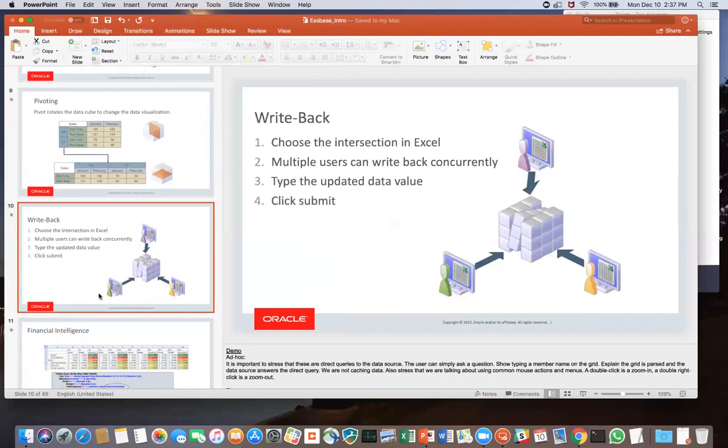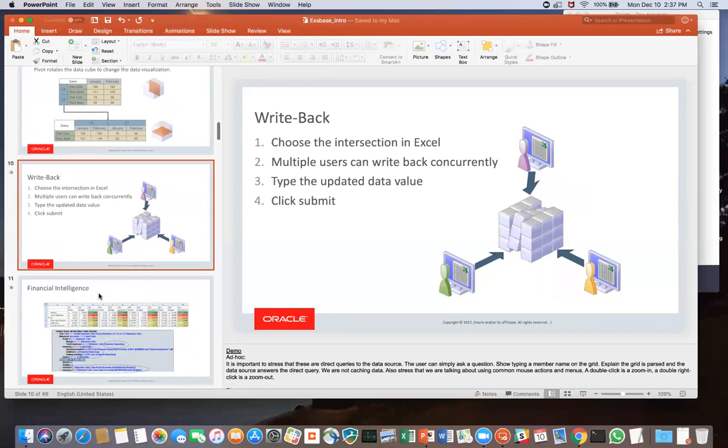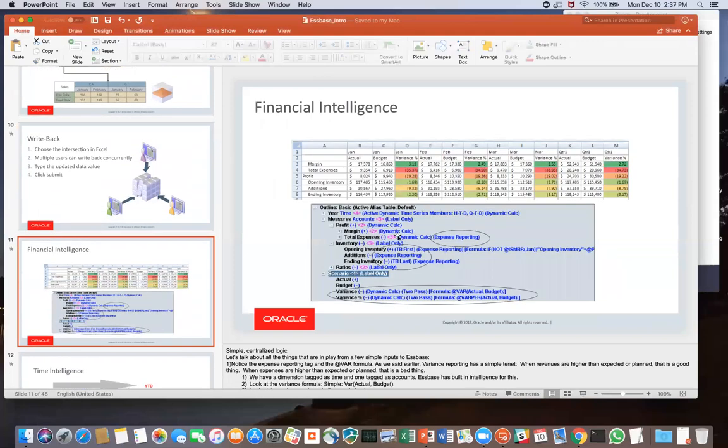All these are maintained in the face of write back or continuous data load happening at various levels of the queue, right? Particularly in Essbase, we have built-in financial intelligence that makes it very appealing to a lot of the finance users. Like we have a notion called expense reporting, variance and time balance and all of that, right?